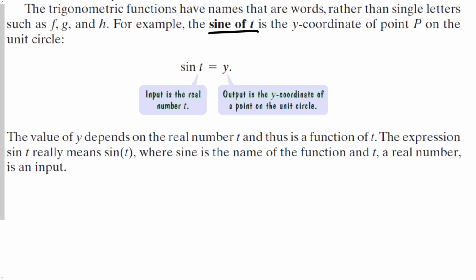So when we're using the sine function, the input is an angle, the output is the y coordinate of that angle where you stop on the unit circle. The value of y depends on the real number, and it's thus a function of t. If this is the input, the amount of the angle, then the output is going to be the y coordinate at that angle.